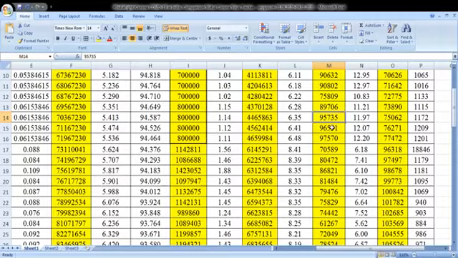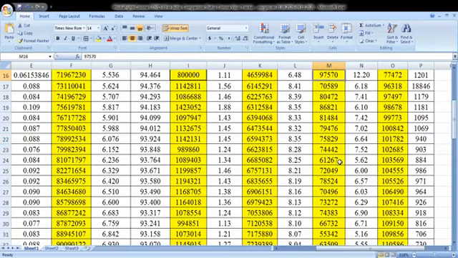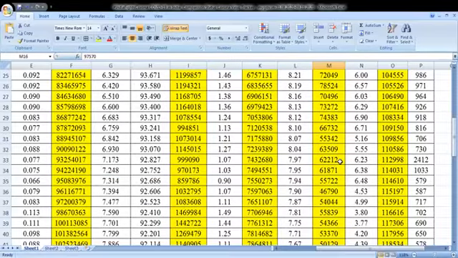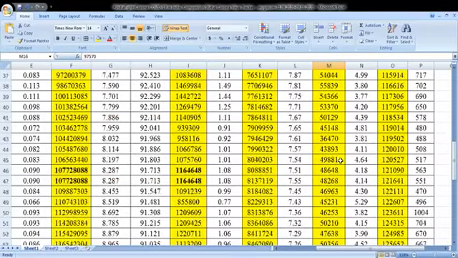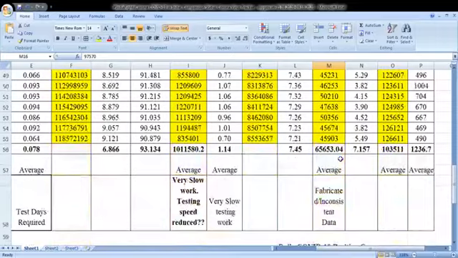See, again 96,000, 97,000. You don't find any consistency in the data. How they are working, I don't know. All the data is different. All the data is misleading. That's a problem. And the average is coming out ridiculous, 65,653.